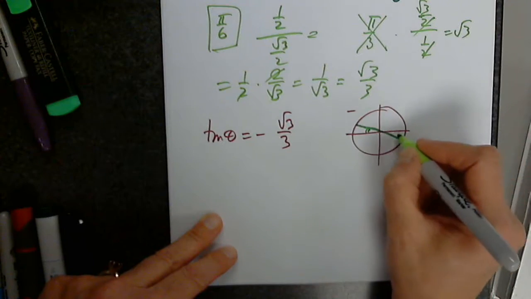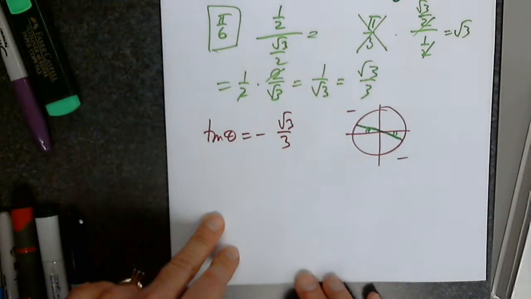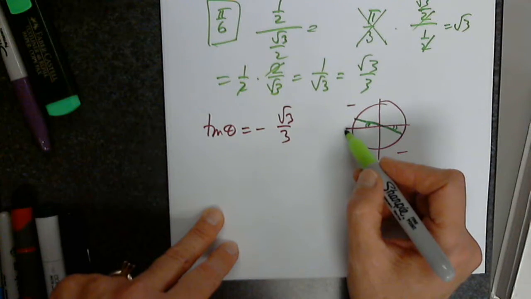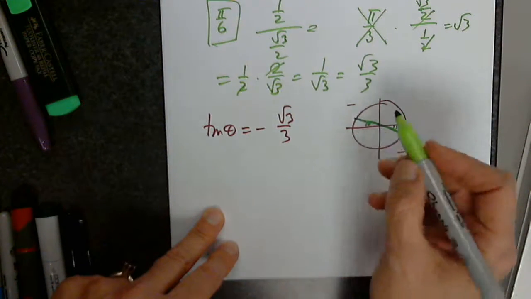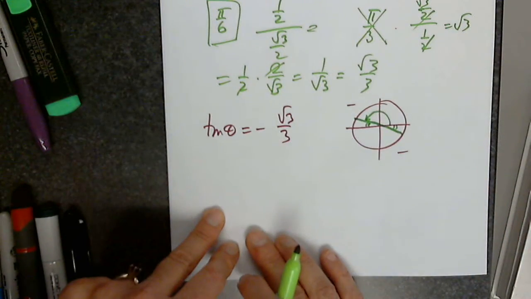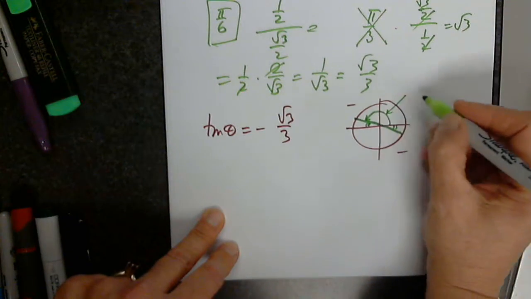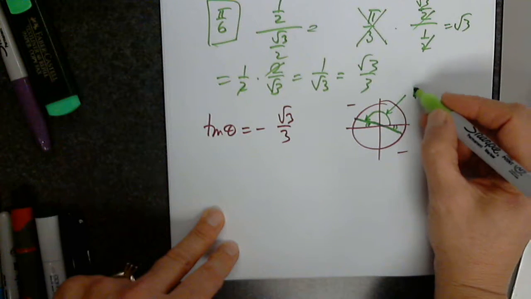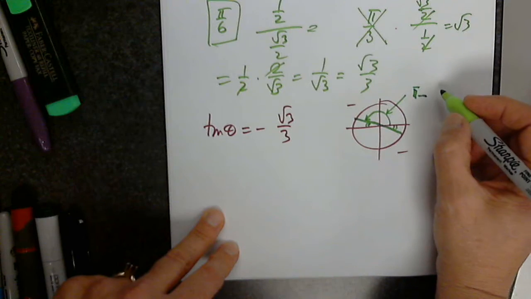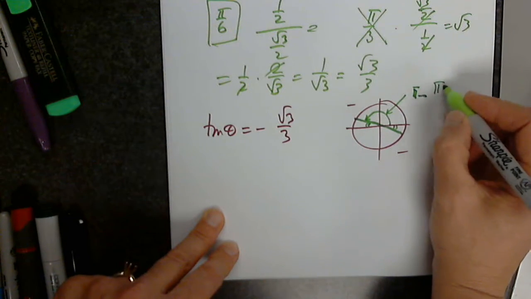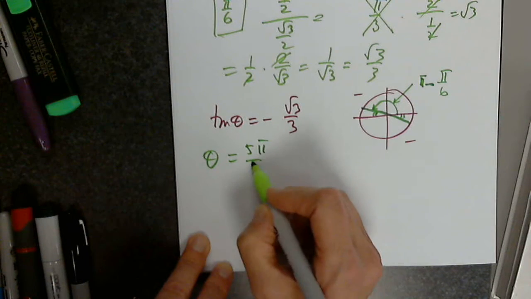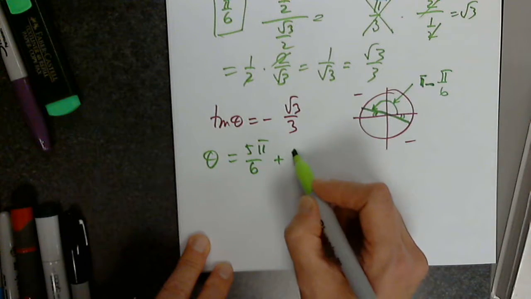This is the reference angle, and this is the reference angle. So this angle here will be pi over 6 short of pi. So this angle between the initial side and the terminal side, this will be what? Pi minus pi over 6, which is 5 pi over 6. So theta is 5 pi over 6 plus pi k.